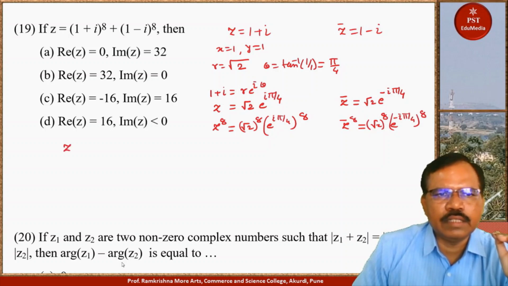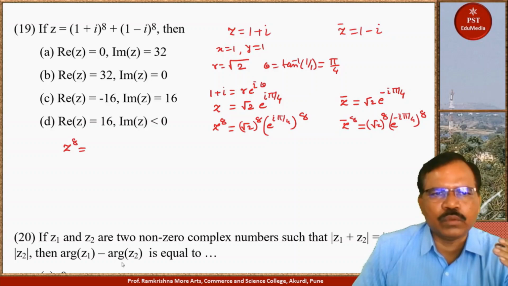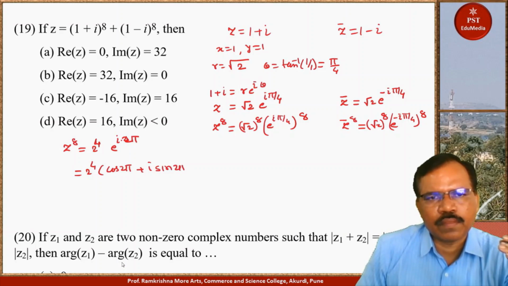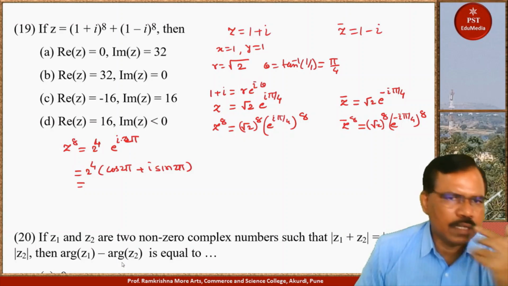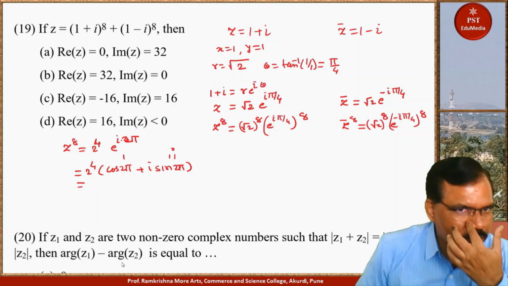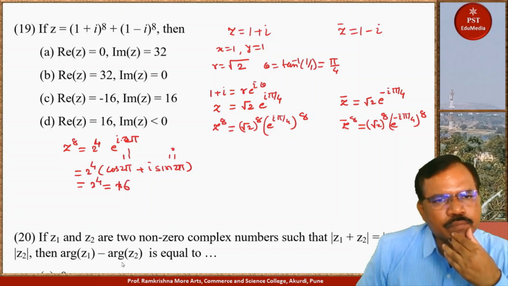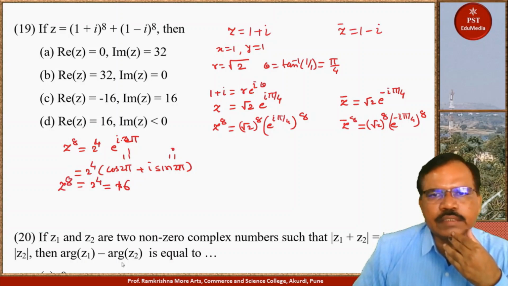So we get z raised to 8 is equal to root 2 raised to 8, that is 2 raised to 4, e raised to i into 2 pi. So here we will get 2 raised to 4 into cos 2 pi plus i sin 2 pi. Now cos 2 pi is 1, sin 2 pi is 0. So we will get 2 raised to 4, that is 16. So z raised to 8 is 16.